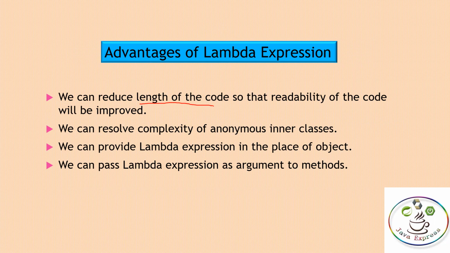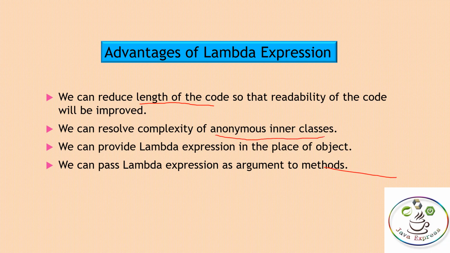When you wrote previously the same program, addition of two numbers, almost you should write 20 lines of code. But with the help of lambda expression, I can write within 10 lines of code, we can reduce here. Lambda expressions don't have any name or return type here. It's kind of anonymous. So using lambda expression, we can resolve the complexity of anonymous inner classes here.